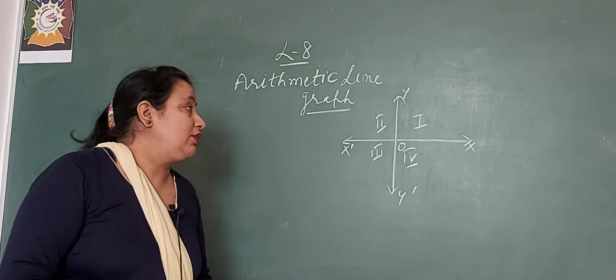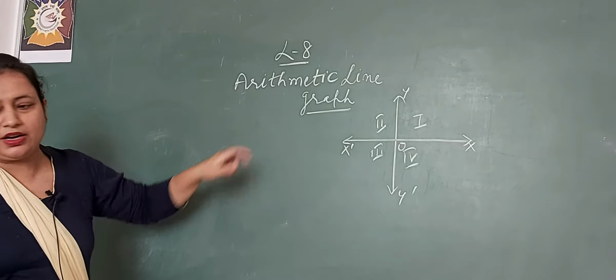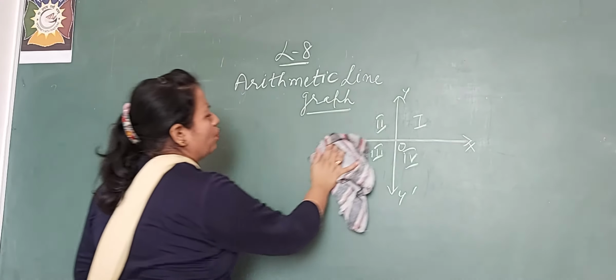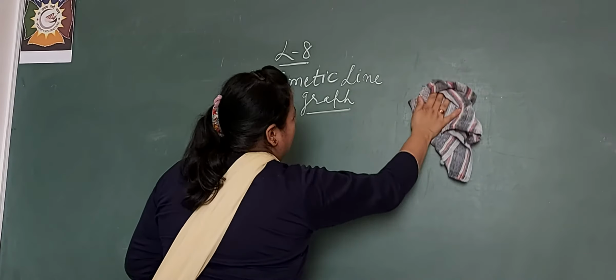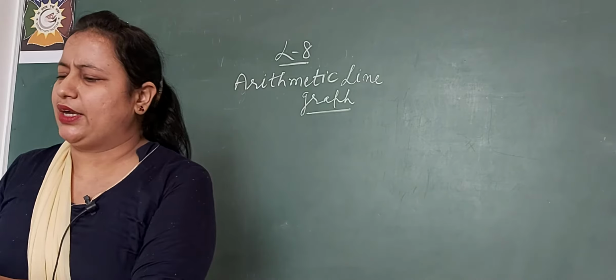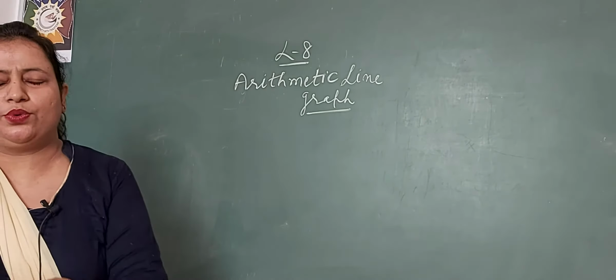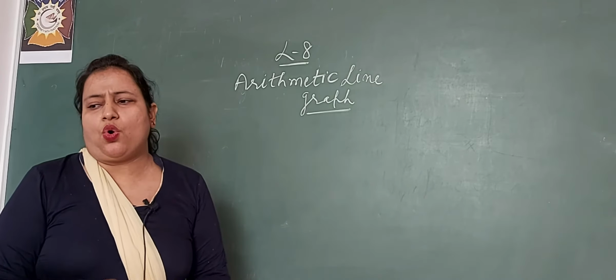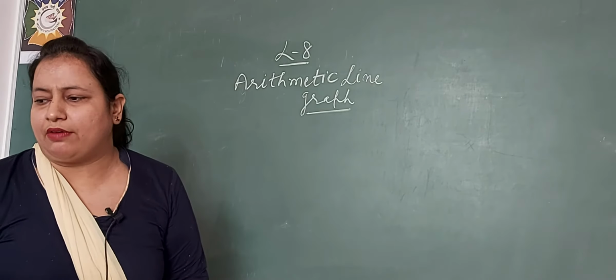Let us start. We completed the one variable graph yesterday and today we shall discuss the two variable graph. I told you about the false line in the previous lecture also, and in this lecture also I will tell you about the false line. So what is a two or more than two variable graph?